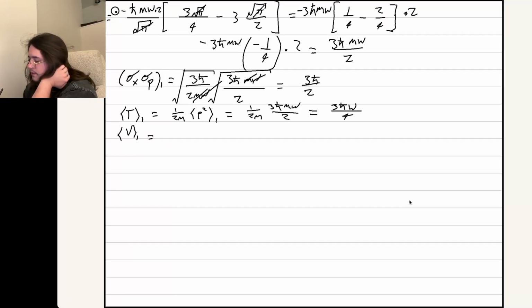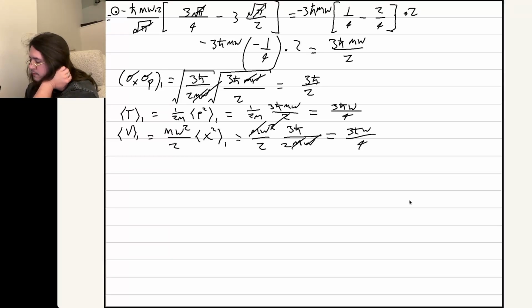And then this is mω squared over 2 times x squared, right? So we have it that it's mω squared over 2 times 3ħ over 2mω on bottom. One of those omegas gets canceled out, the m goes away. We have 3ħω over 4, so they're the same.